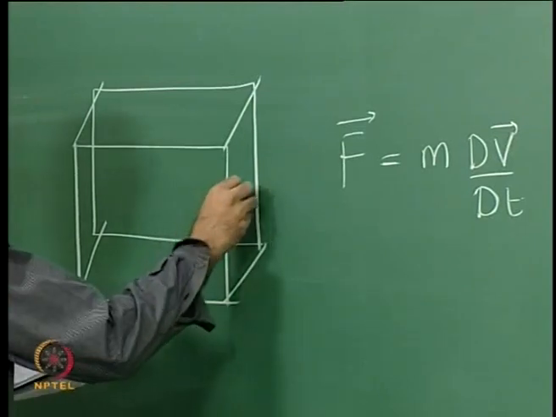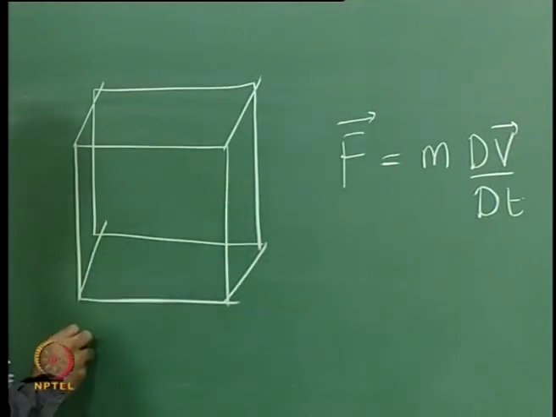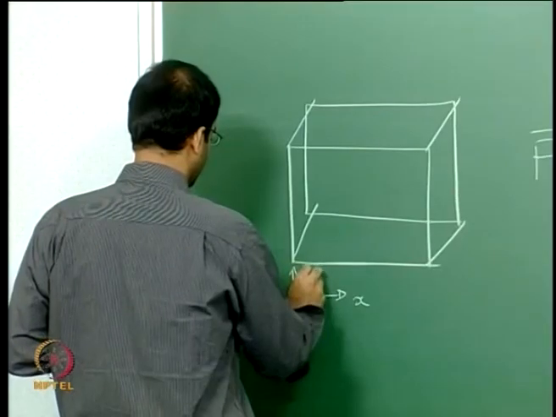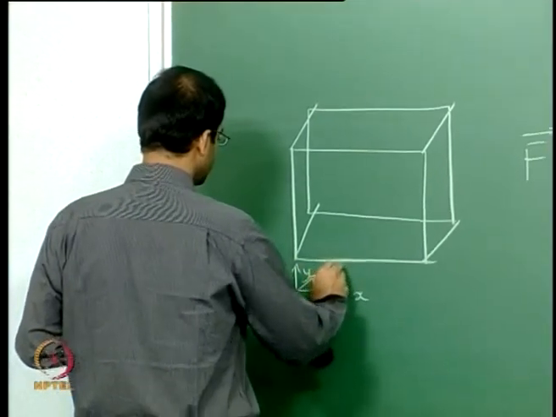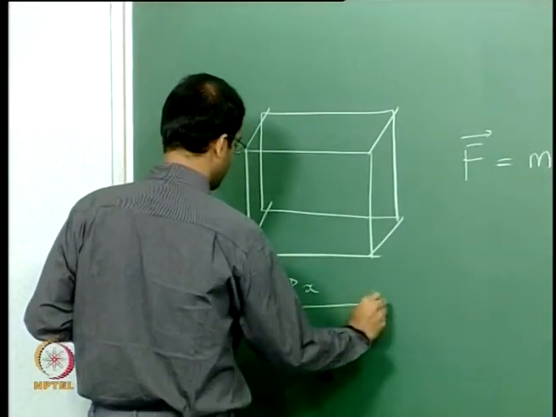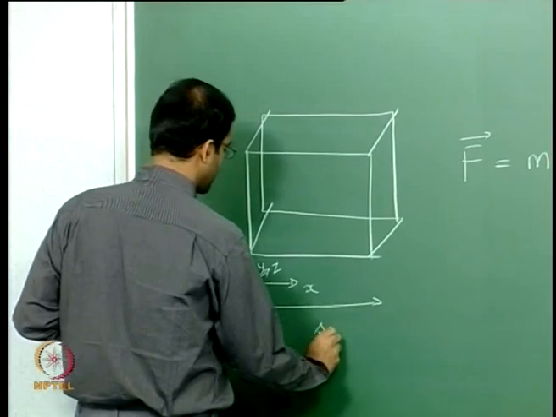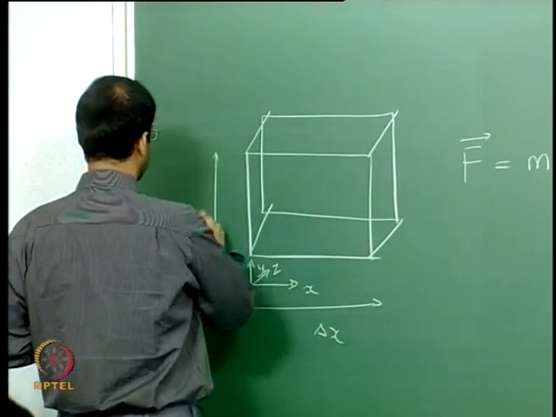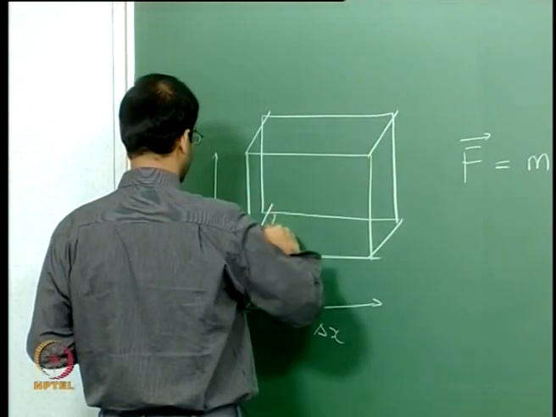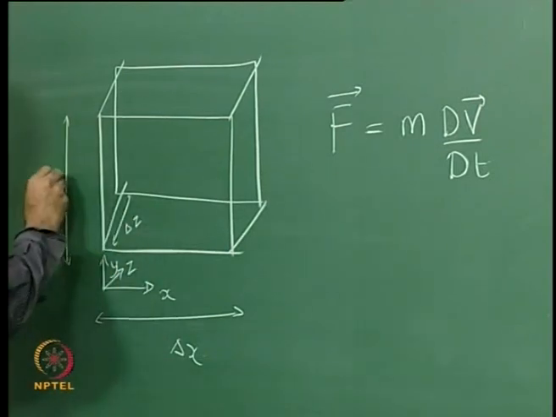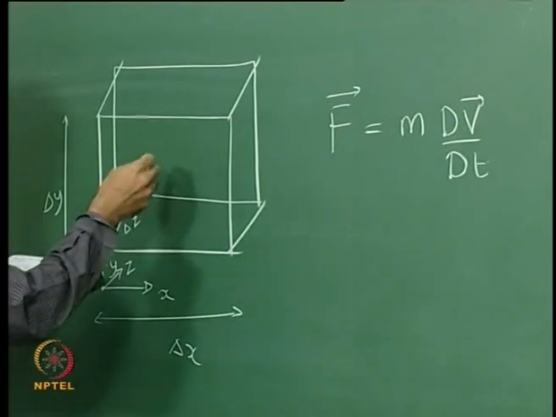So essentially you have the normal stresses. Let us put our coordinate system origin as x, y and z. So we have the respective dimensions of this control volume as delta x, delta y and delta z. We will start with the body forces.